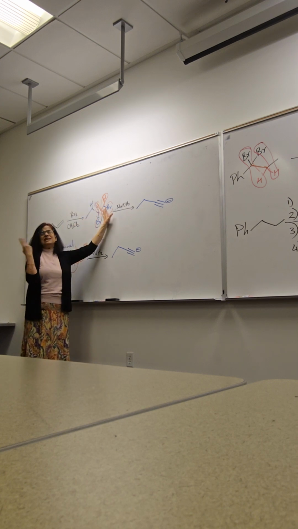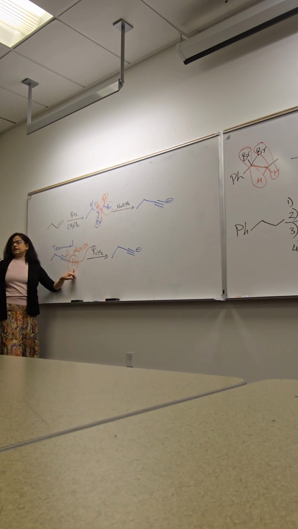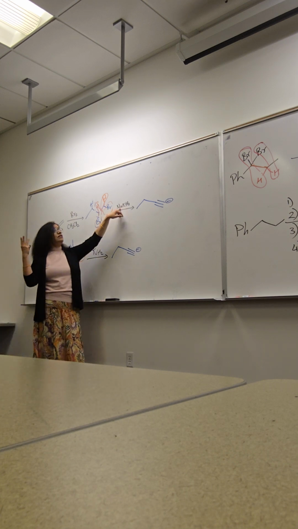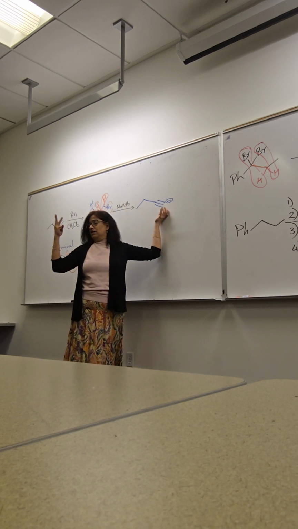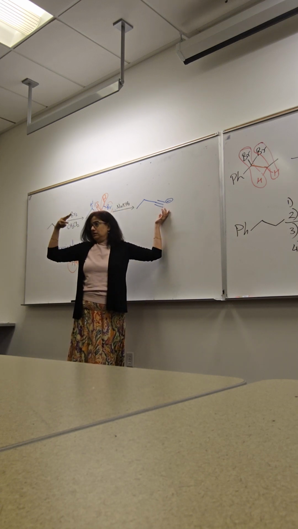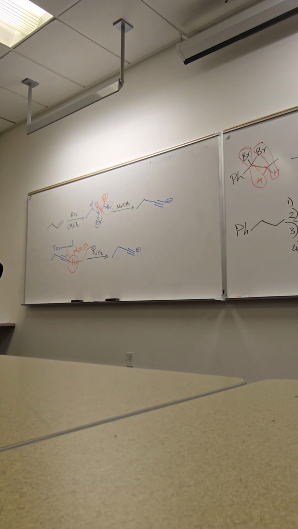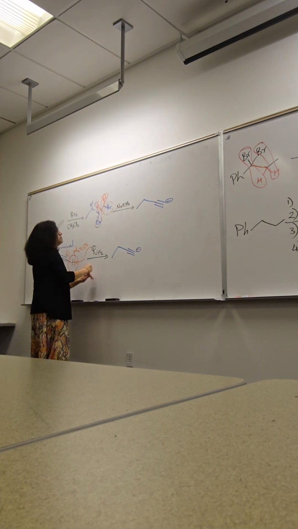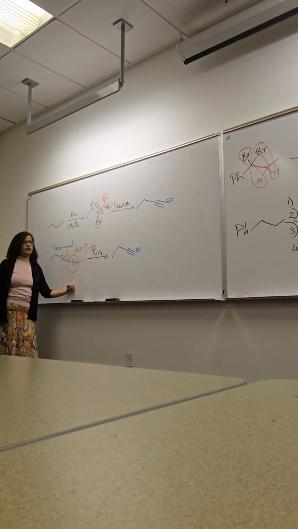But that terminal alkyne can't survive because this is decently acidic. So we need a third sodium amide to deprotonate it and make it a conjugate base. So minimum, how many equivalents of sodium amide used? 3. Minimum. Or of course you can just take excess, lots of it.